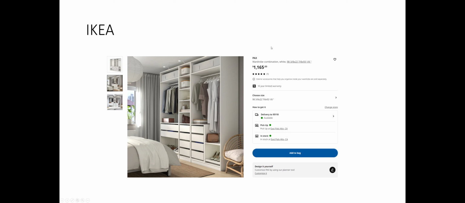The price for this pack, not cost, the price for this is $1,165. And the question is how IKEA, the company that I worked for in Austria and the US, came up with this price, offering it to the customers. Let's give another example.